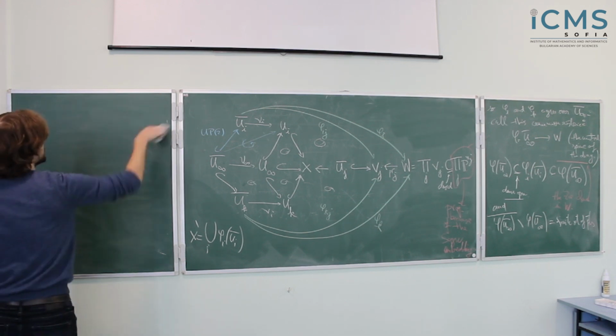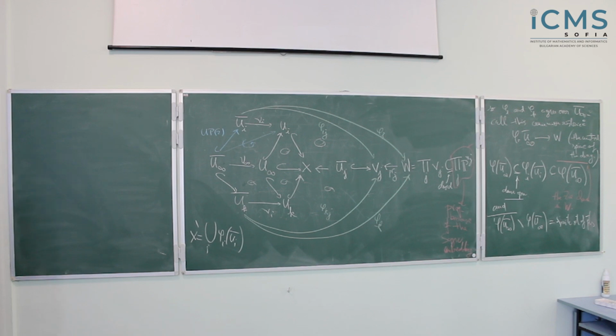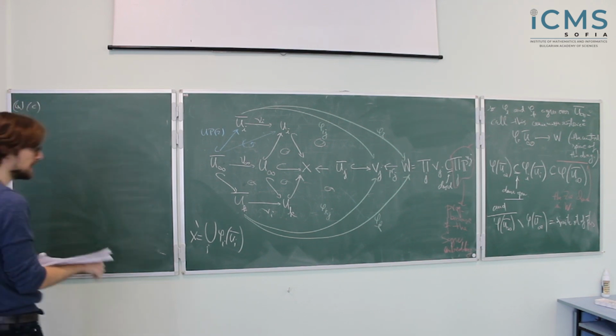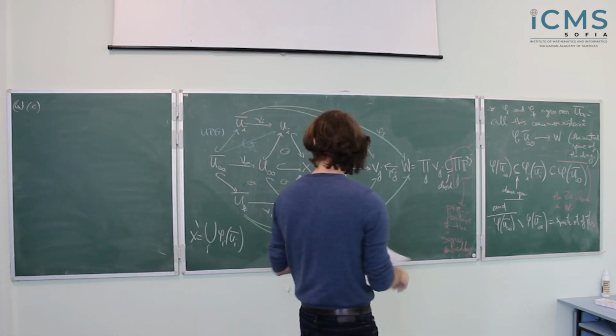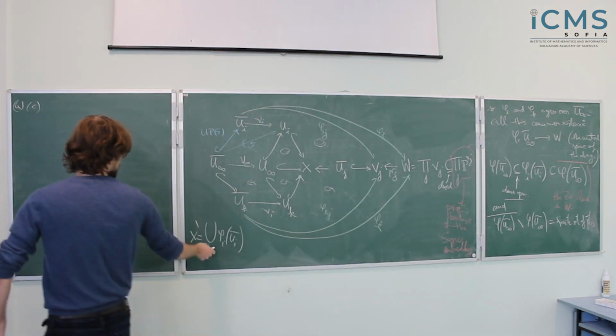So it happens that this was... for step C, we need to know that x prime is normal, right?